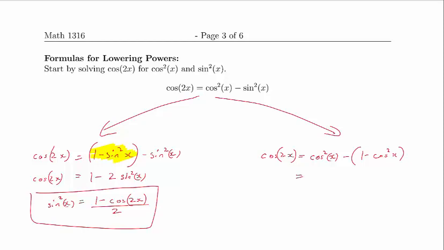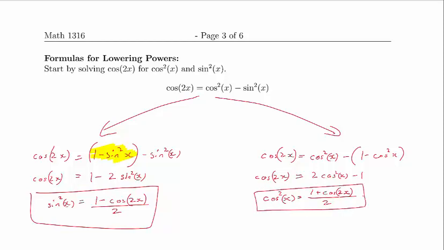And so this simplifies over to 2 cosine squared x minus 1. And now we are going to solve for our exponent term there. And when we do that, we get 1 plus cosine of 2x all over 2. And that is our formula right there.